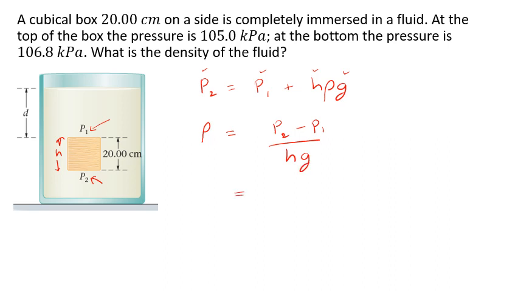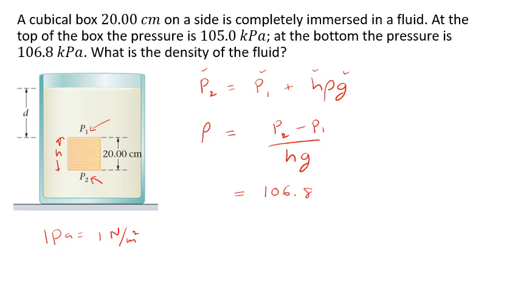So P2 is the pressure at the bottom level, 106.8 kilopascal. If you remember the relation, 1 pascal equals 1 Newton per square meter. So this is the SI unit, and instead of having the kilopascal value, we can write it in Newton per square meter.